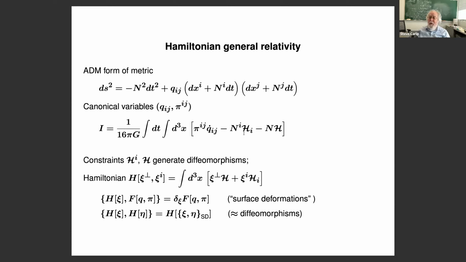That is, they're equal to diffeomorphisms plus terms proportional to equations of motion. In a Hamiltonian formalism of this sort, you should expect that, though, because the diffeomorphisms involve time derivatives, and the Hamiltonian formalism is defined just on a spatial slice of constant time.